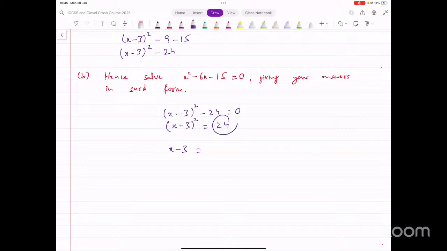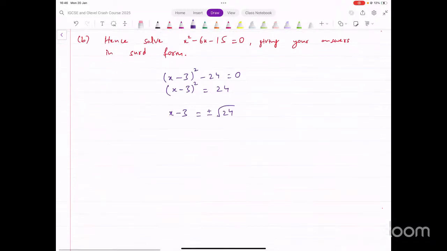On the right side, when you take square root of 24, what does that give you? Remember, you have to give your answers in third form. Do not use decimals. Just write it like this, square root of 24. But remember, whenever we take square root in an equation ourselves, we always have to put plus minus there. Okay, whenever we're taking square root ourselves, we have to put plus minus there because both possibilities can be there.